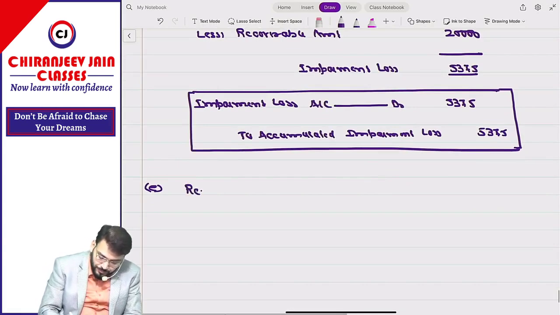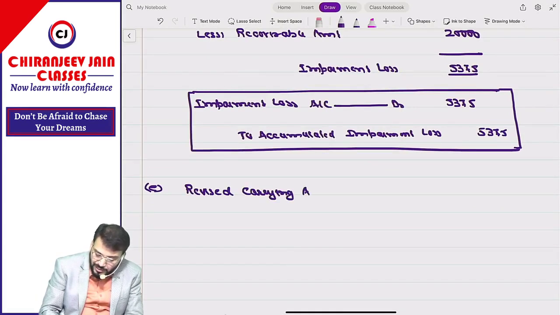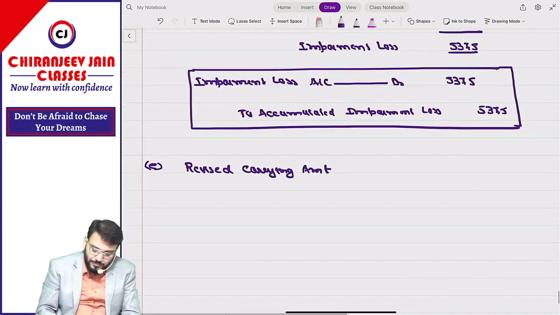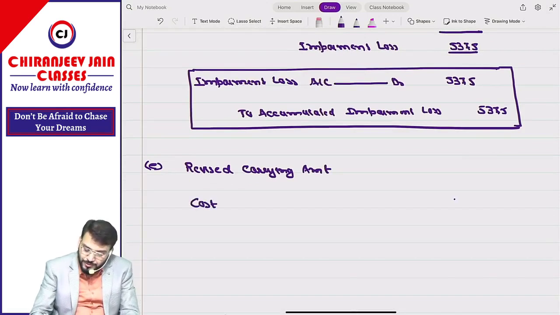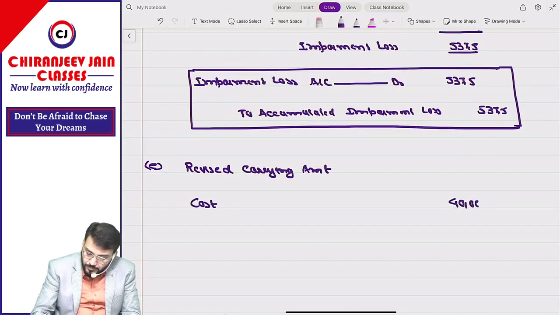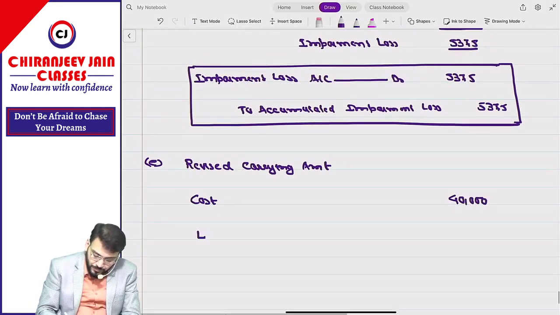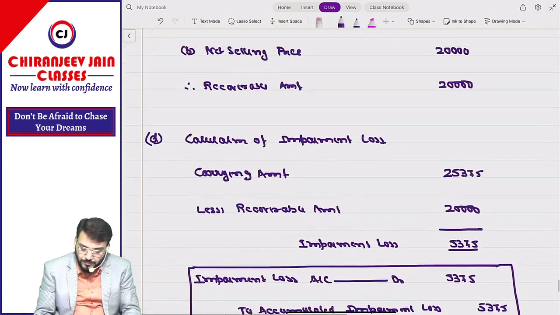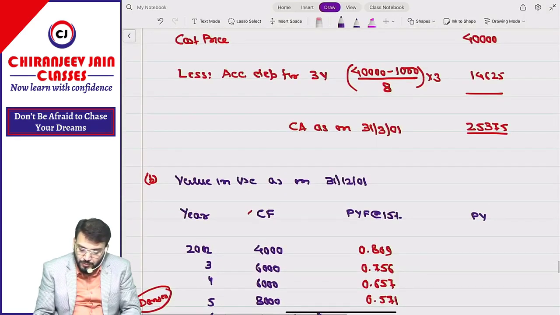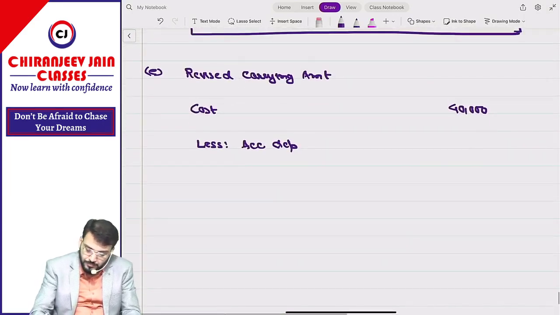Now next, what they have asked: revised carrying amount. The revised carrying amount will always be equal to the recoverable amount, but still write it this way. Cost is how much? 40,000. Less accumulated depreciation, 14,625.